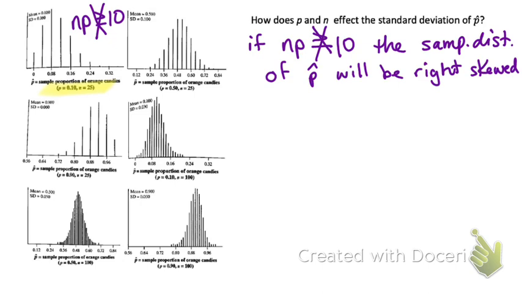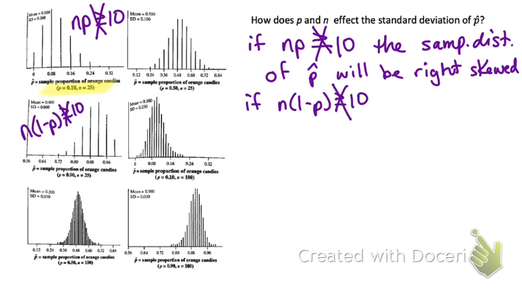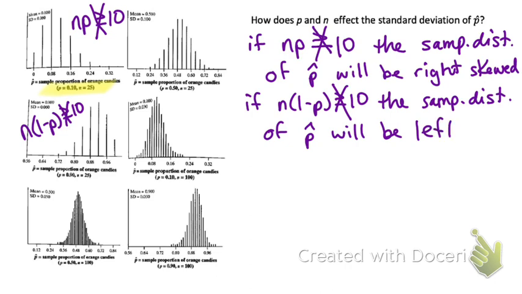P on this one is 0.9, N is 25. 0.9 times 25 is 22.5. The complement is 2.25. So N times 1 minus P is not greater than or equal to 10, and the sampling distribution of P hat will be left skewed.